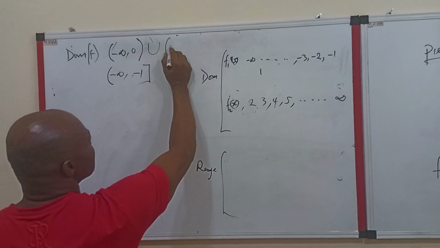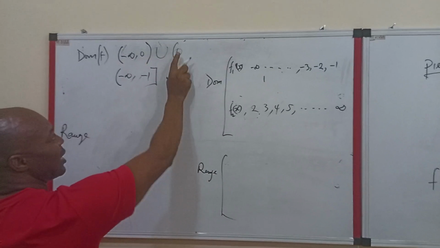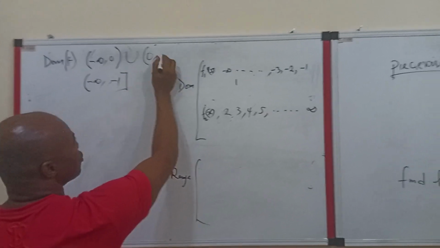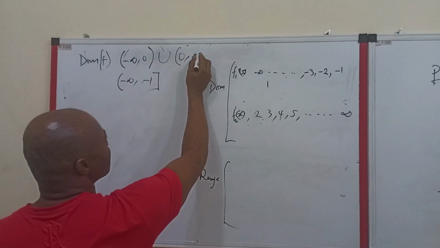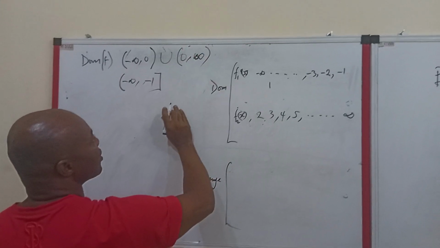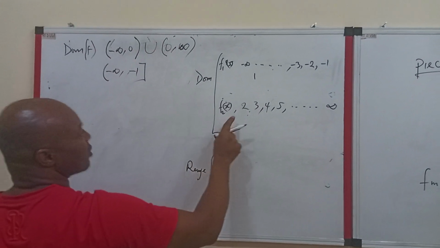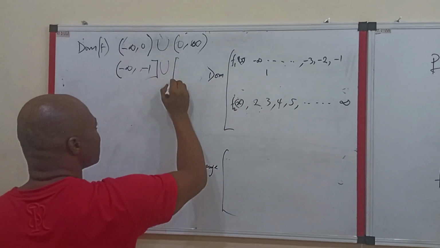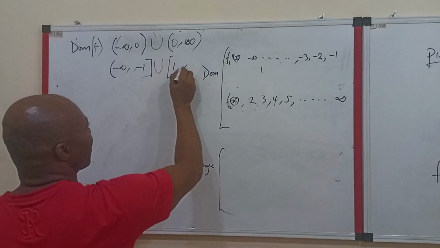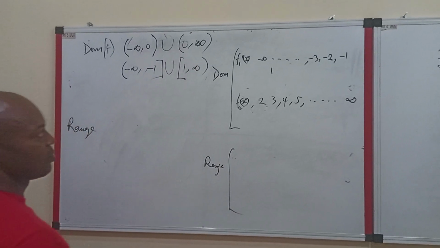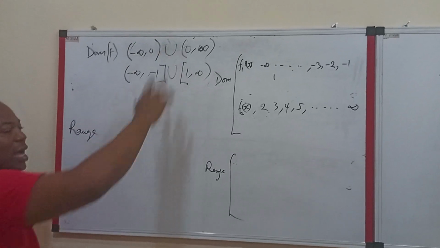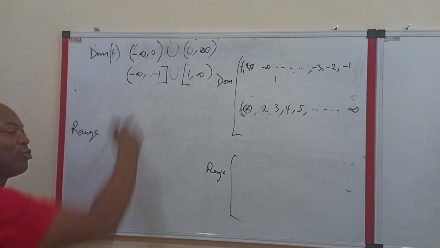So you say 0, and they use the 0 because of this type of bracket, to infinity. But if you do not like this one, and you want to write it the way it is, 1, 2 the way it is, then you say 1, comma, positive infinity. That is how it is. So this one and this one are all the same thing, but I am writing the 2 for now.